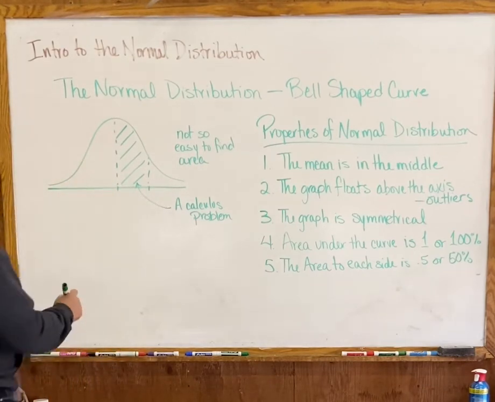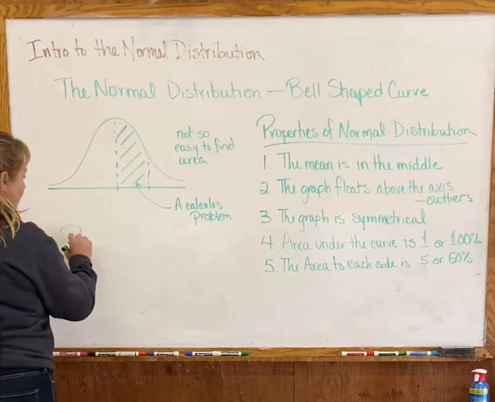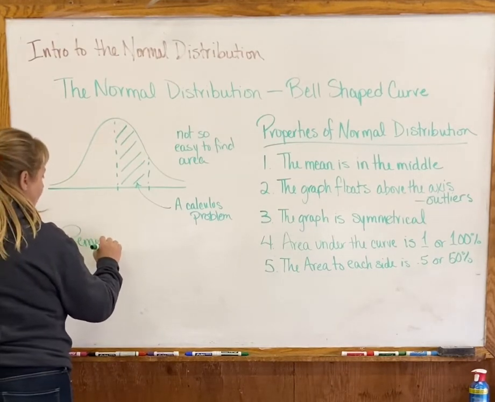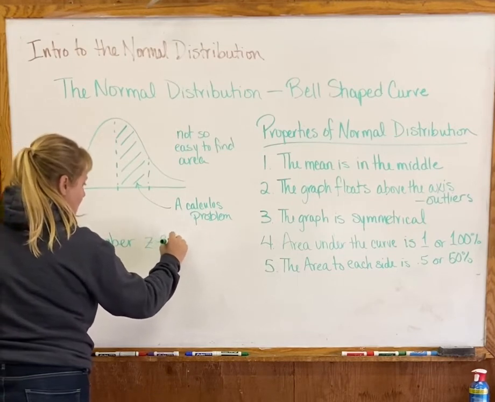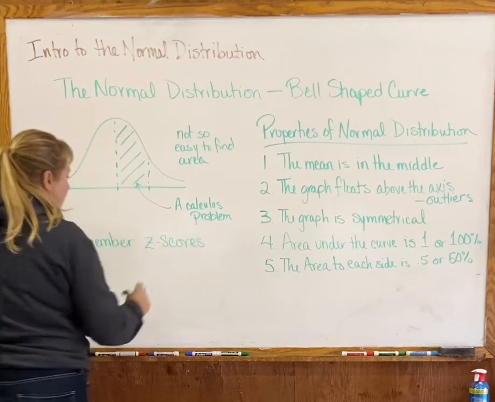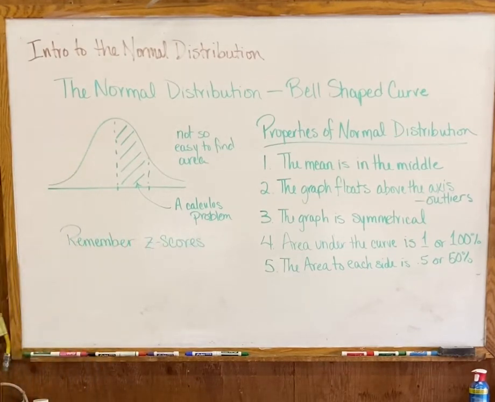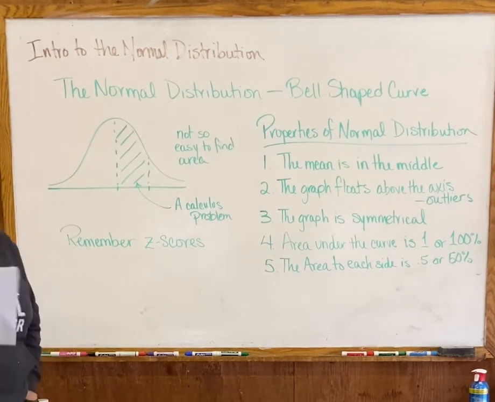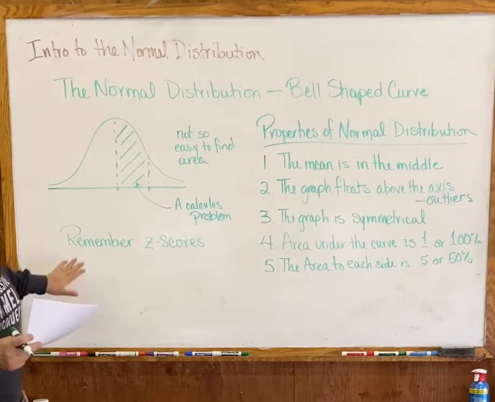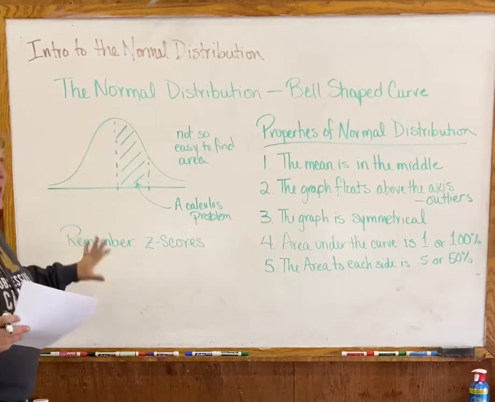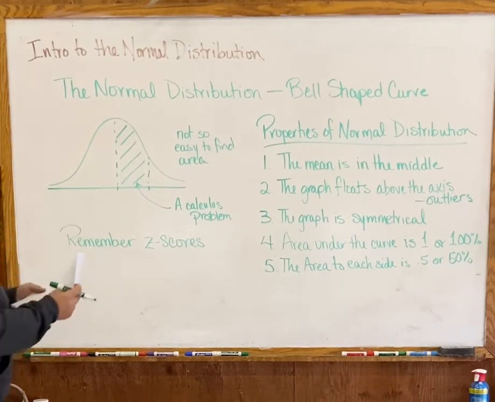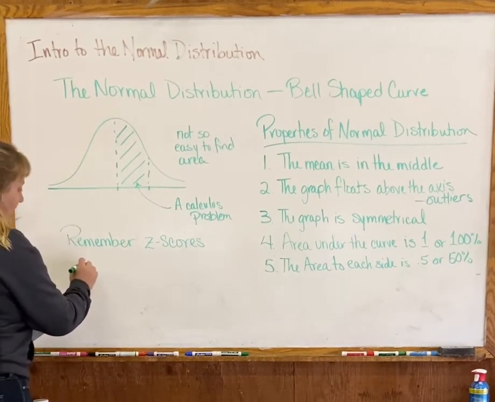So what we need to do is remember z-scores. So remember when we were talking about z-scores, that was to relate two unrelatable, basically, examples or samples. So we're not going to use z-scores in the same way this time, but we are going to be required to use z-scores in this graph, or in this example.